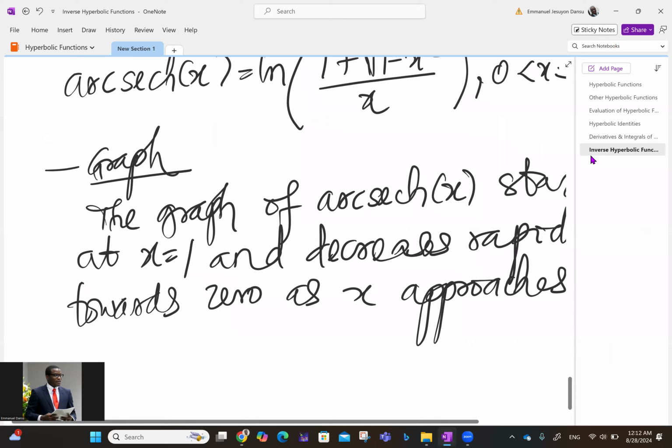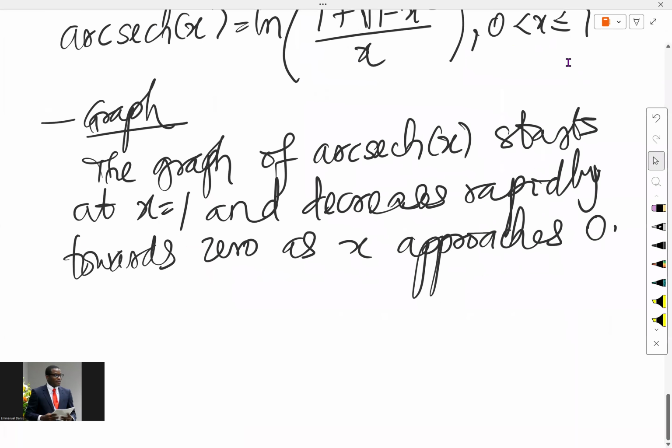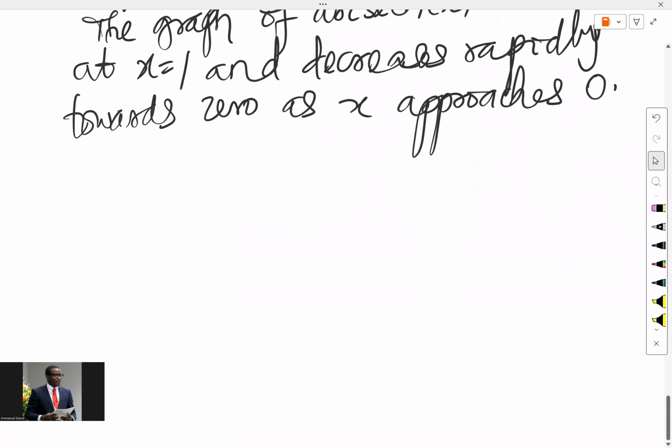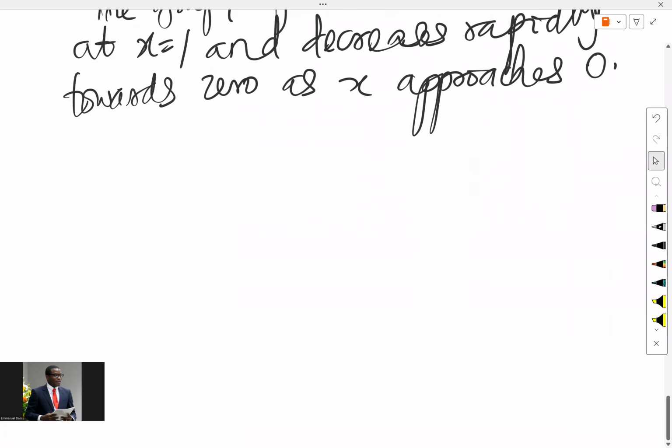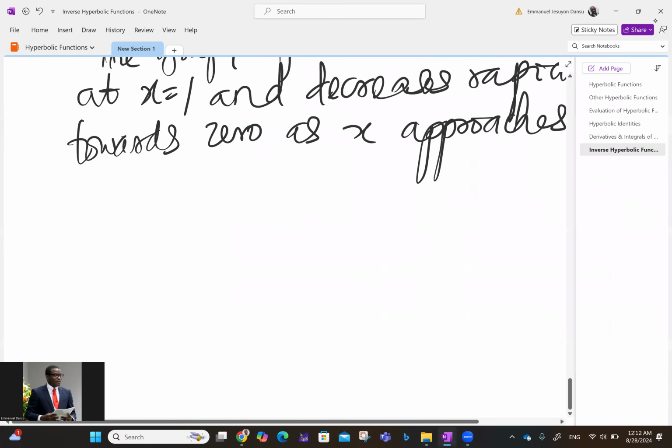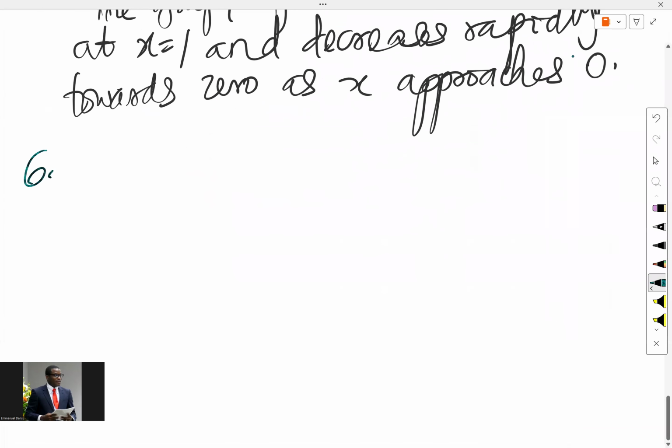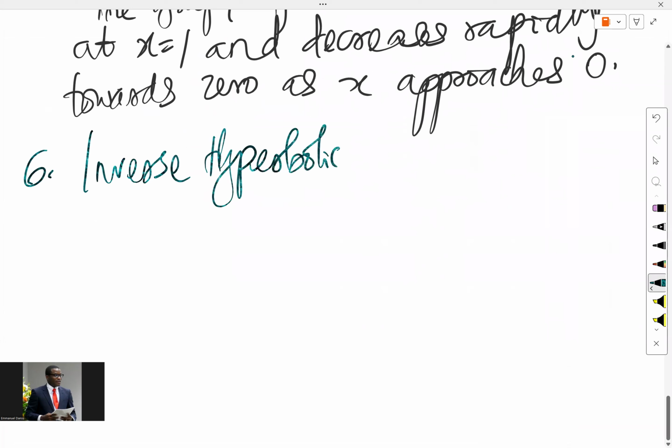Okay, let's go to the next one, which should be number 6. For number 6, we have inverse hyperbolic cosecant, that is arccsch x.